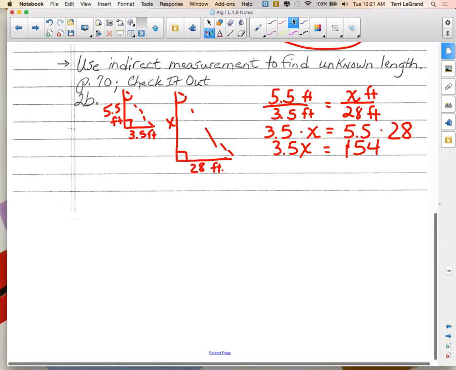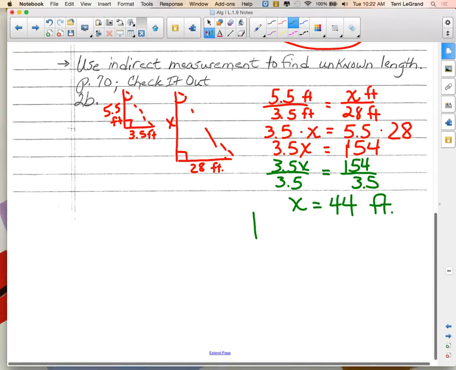Yeah? Okay. Then we're going to divide both sides by 3.5. Remember, in some lessons you do get to use your calculator again. Thank goodness, huh? What is it? 44. And those are 44 what? Feet. And that's what? Tall. The height of a building.